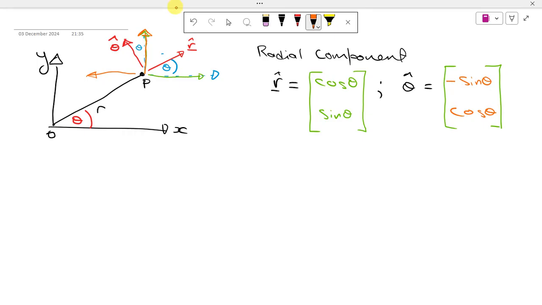So we've got our two unit vectors: r hat, which is this unit vector resolved horizontally, cos theta, and resolved vertically, sine theta, which you can see here. And then for theta hat, we've got minus sine theta through this angle here, as exemplified in this component of the vector. And the vertical component of theta hat is cos theta, exemplified by this.